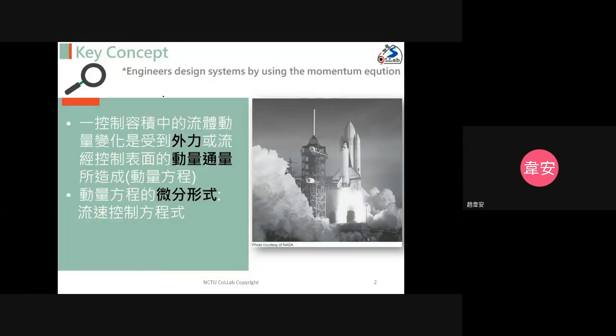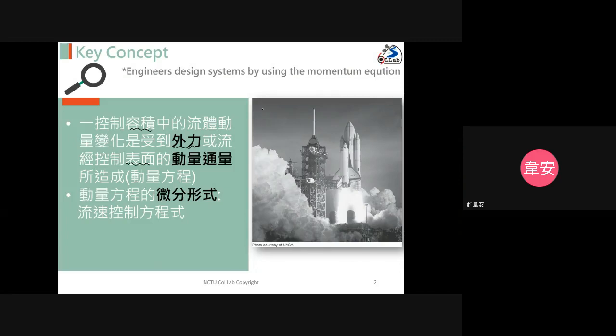The slide shows the key concept in this sentence: the momentum of the flow particle in the control volume corresponds to the external force and the momentum flux through the control surface.